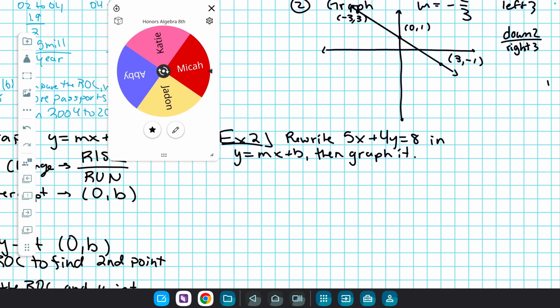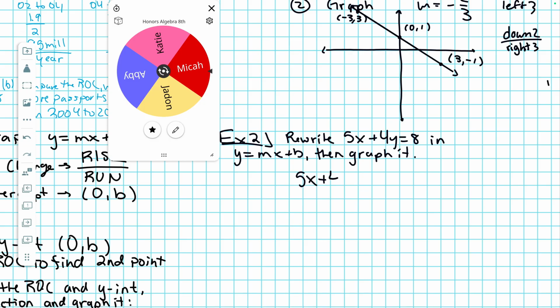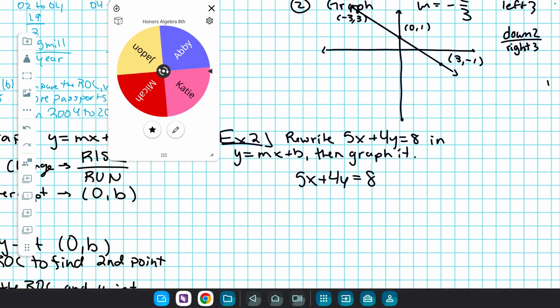So I need to rewrite this 5x plus 4y equals 8 into slope-intercept form. Slope-intercept form is unique because it is y equals. So if I'm solving this for y, what's going to be my first step? Jaden, if I'm trying to get the y by itself, what am I going to do to get the y by itself?